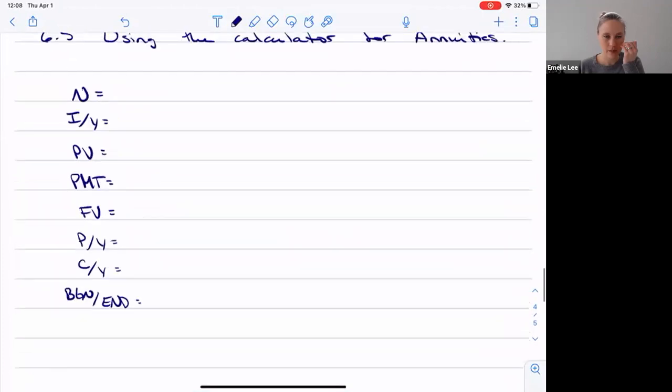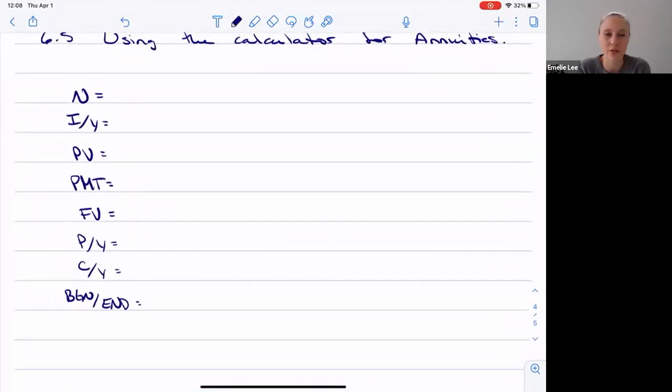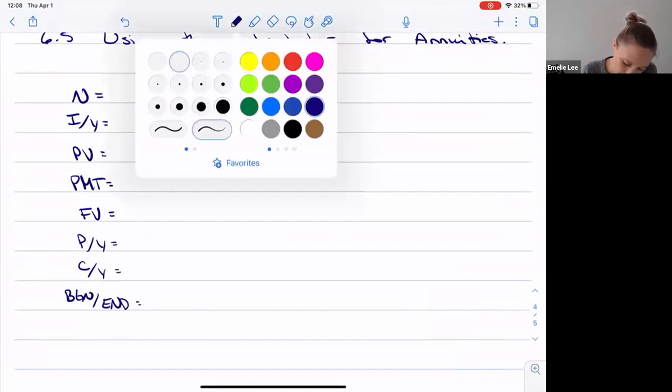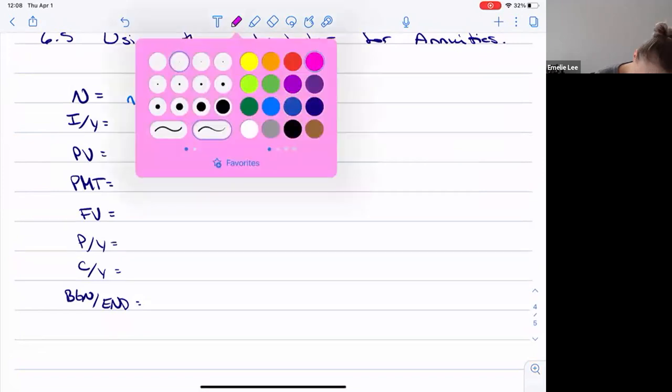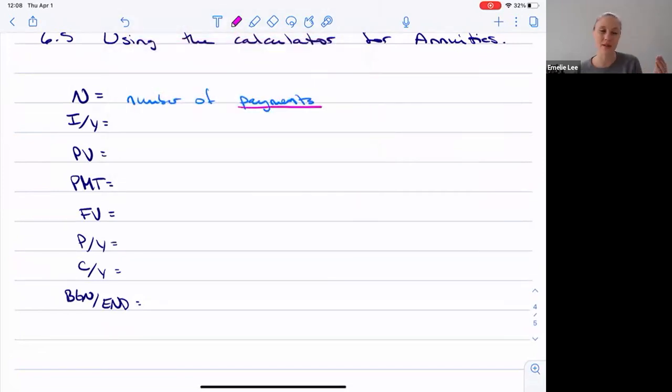So let's just run through what each of these things are. N is now, because we're making payments, the number of payments. That's actually new, but it was new in our calculations too. So from our calculations nothing's changed, but from the last time we used our calculator, it has changed a little bit.